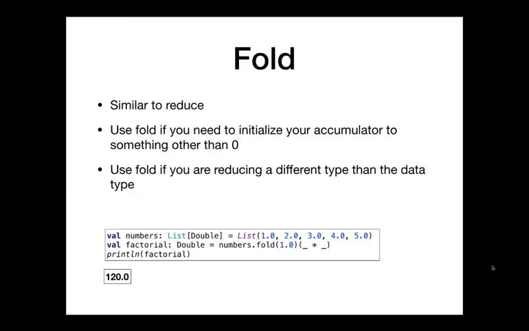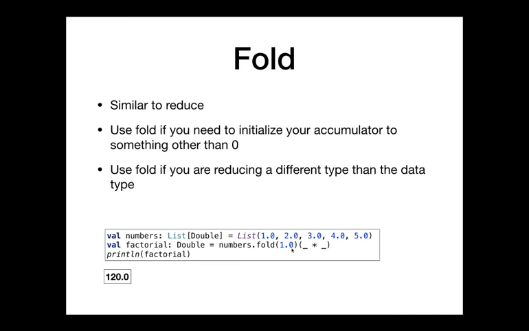Fold is very similar to reduce. But there are two cases where we would use fold instead of reduce. One, if we want to initialize our accumulator variable to something other than 0. So if I want to compute factorial and I use reduce, and reduce is going to initialize my accumulator at 0, well, guess what? I'm always getting 0. That's not helpful to me.